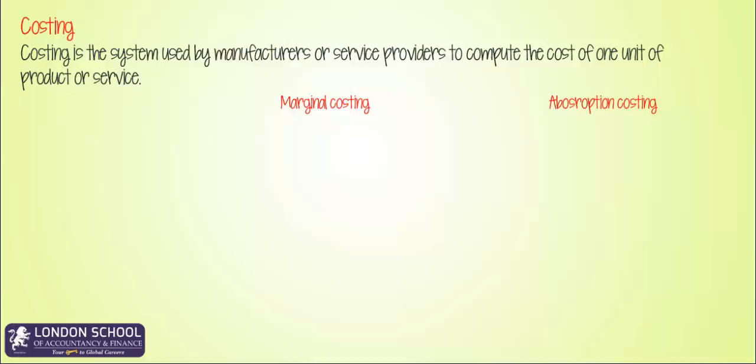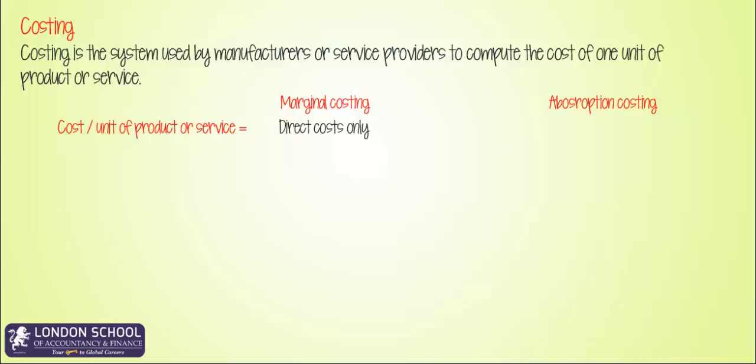The difference is their treatment of fixed overheads. Marginal costing says that if I want to calculate the cost of one unit of product or service, I'm just going to take the direct costs. I'm not going to worry about the fixed overheads.